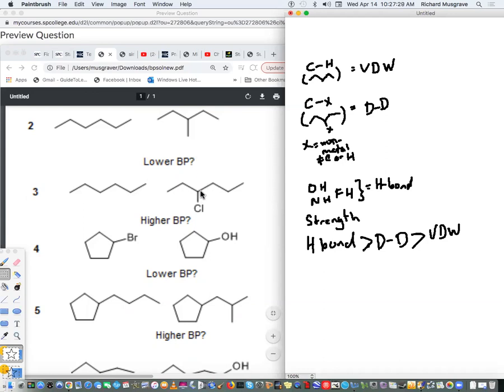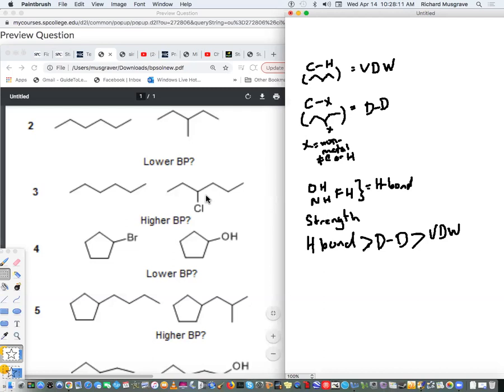Does anybody know why this one's branched, but this one isn't? The attached molecule? Sort of. Because the first one's attached to a C. Yeah, it's a C. That's right. What makes something branched is carbons coming off the main chain. I'll say that again. What makes something branched is when you've got carbons coming off the main chain. When you've got other things coming off the chain that aren't carbon, that is not considered branched. Does anybody have any questions about this?